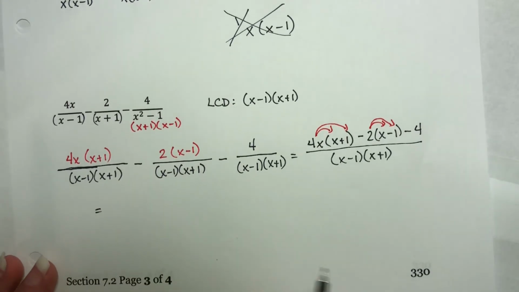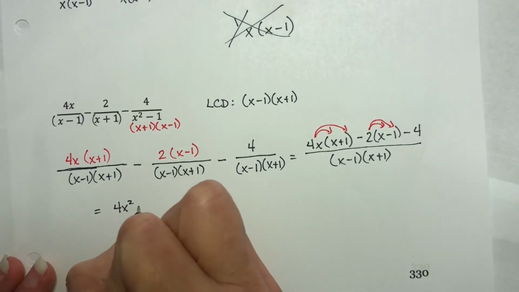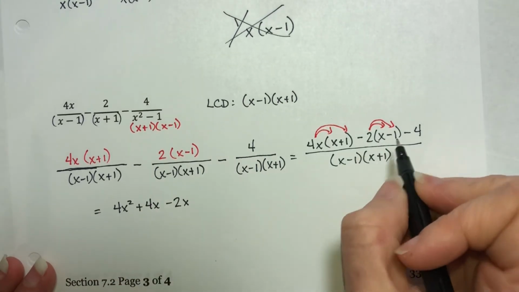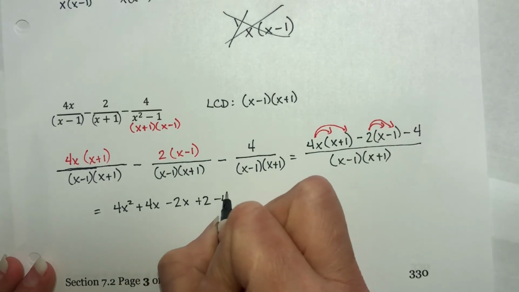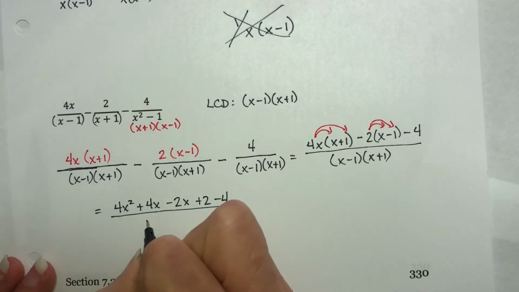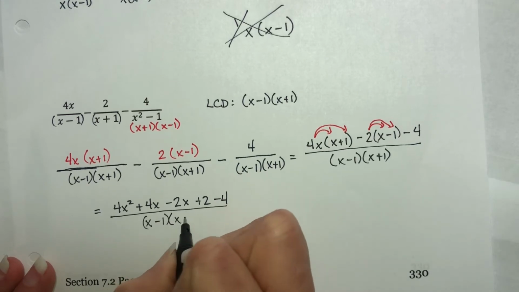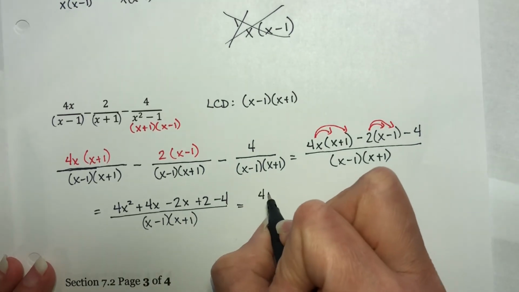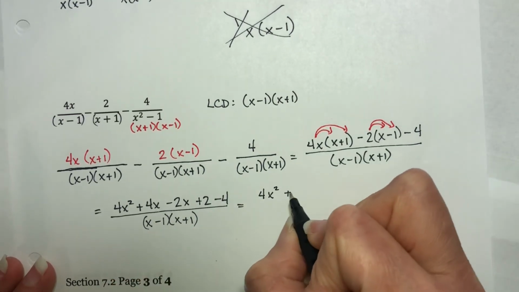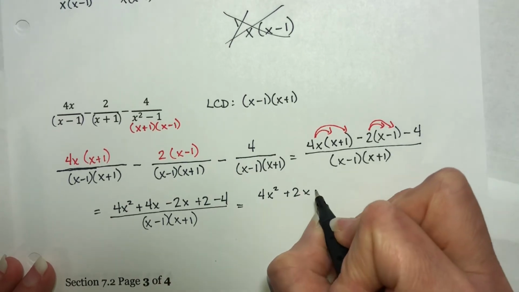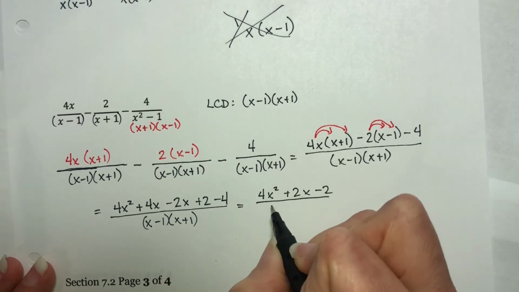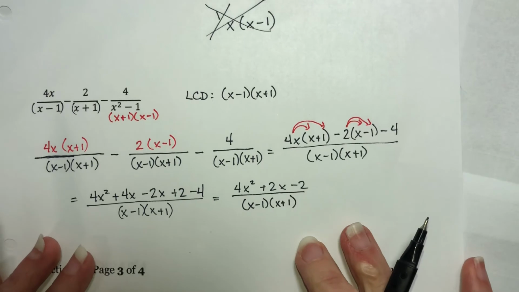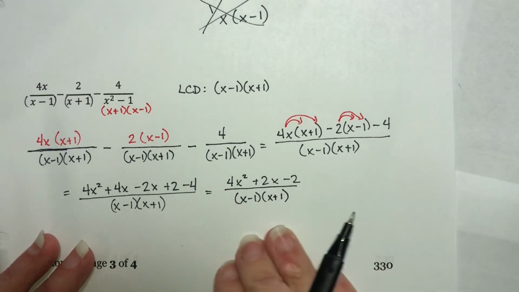That gives me 4x squared plus 4x minus 2x plus 2 minus 4 all over x minus 1, x plus 1. Combine like terms here. 4x squared, that's going to be plus 2x minus 2 over x minus 1, x plus 1. Okay, so we've done all the subtractions. Now we need to see if this reduces at all.